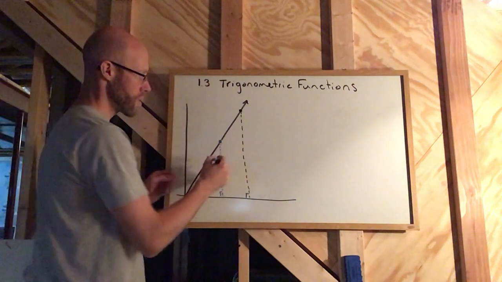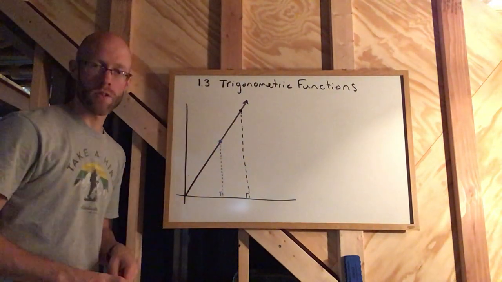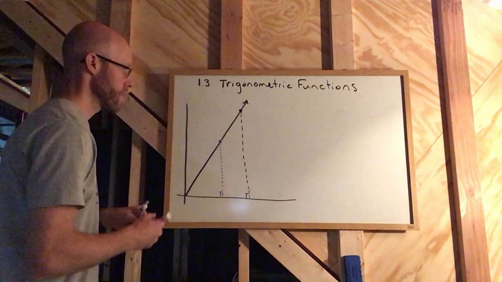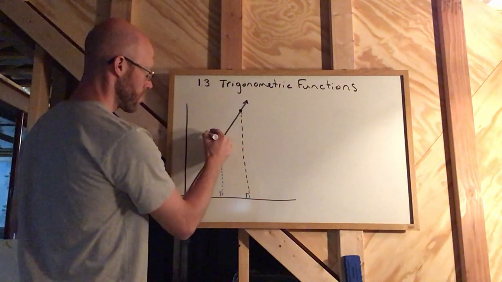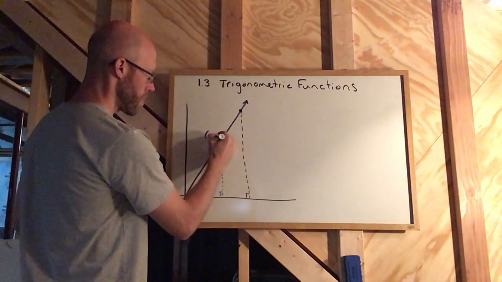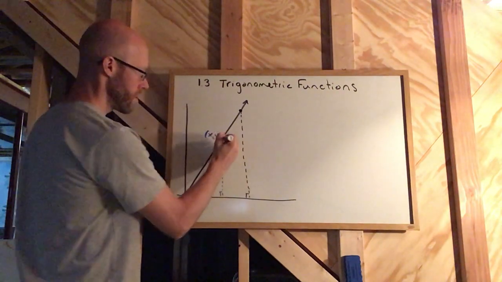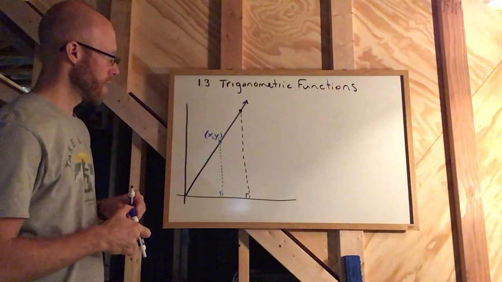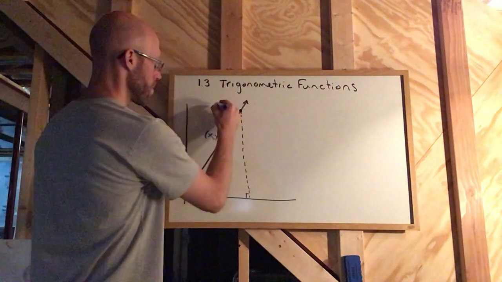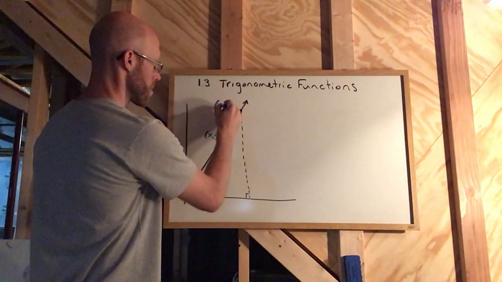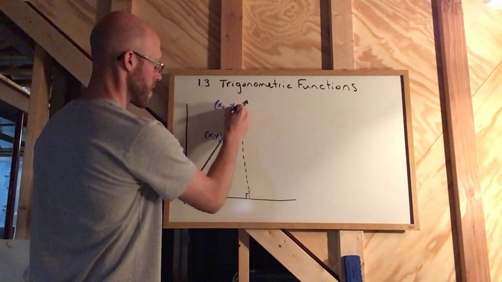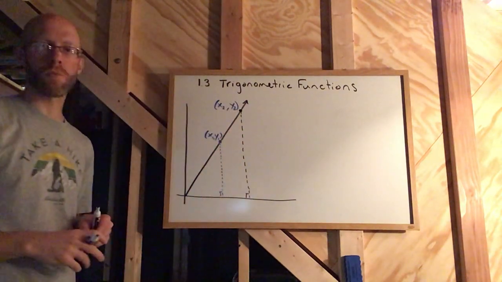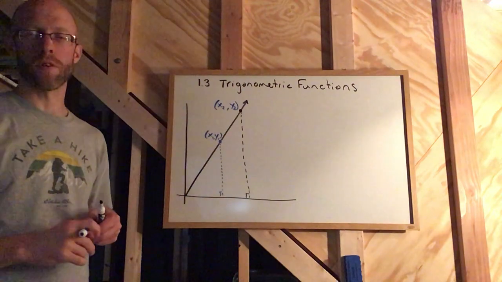What's interesting is if I label these triangles two different things, let's label the first one with the point x1, y1. Okay, I don't know if you can see that real well. The second point is going to be labeled, oh, right, this is a little bigger, x sub 2, y sub 2. Those are subscripts on the variables, okay?